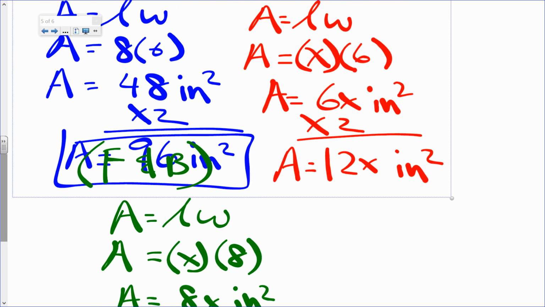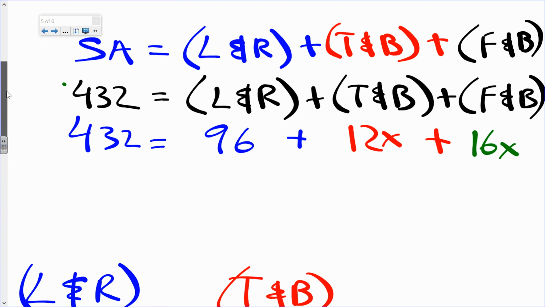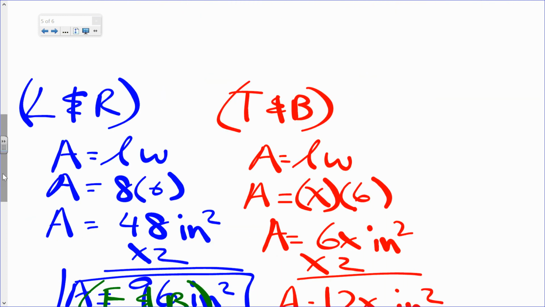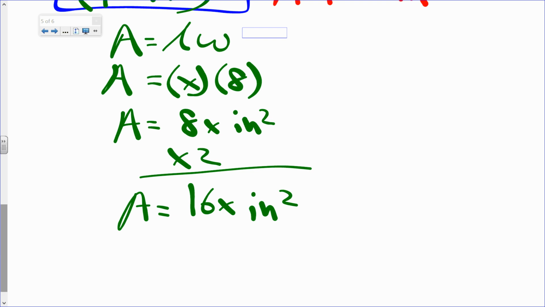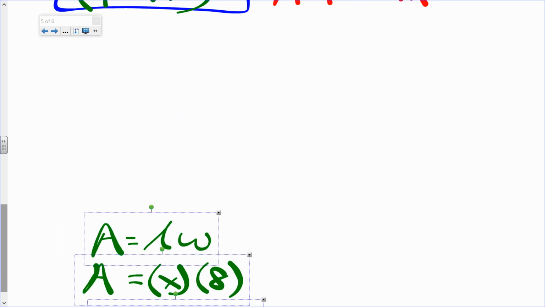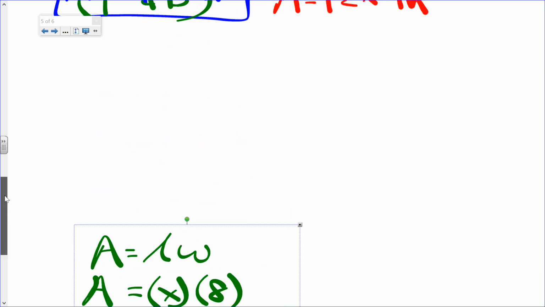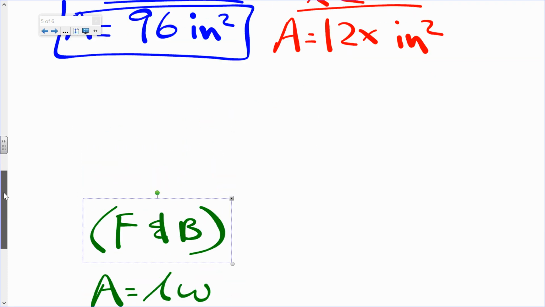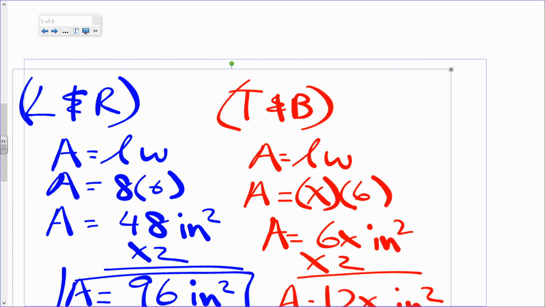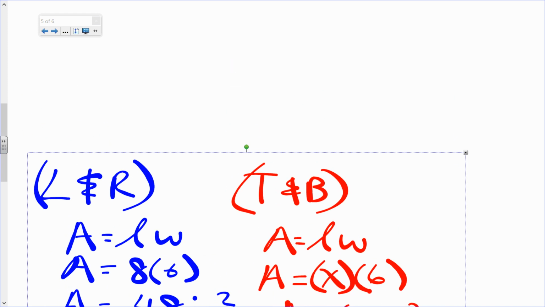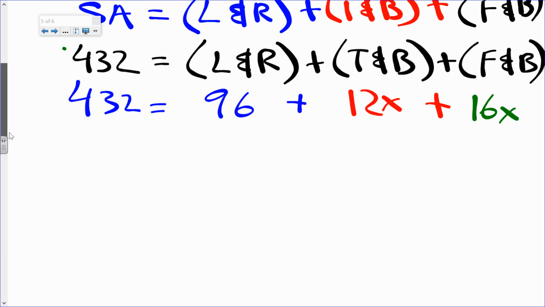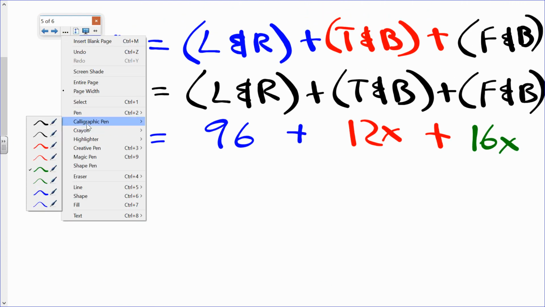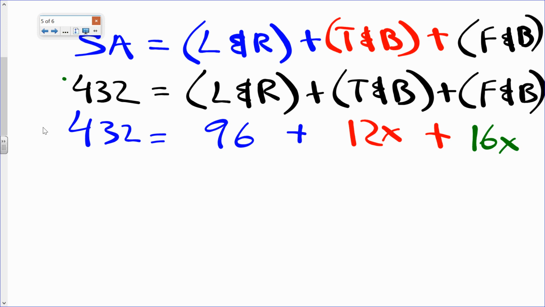Move all this stuff down here. All right.